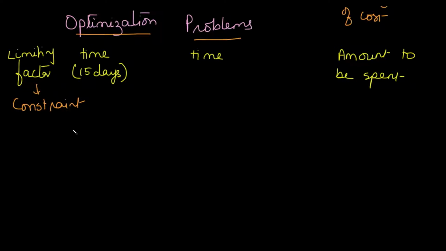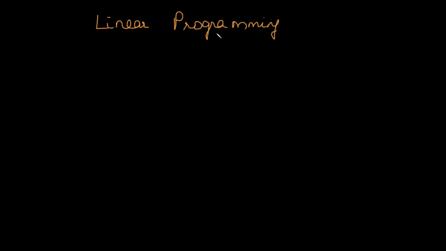One such technique, which is called an optimization technique, is called linear programming. Now the word programming means planning. Here we decide the best plan of action for the optimum use of resources.